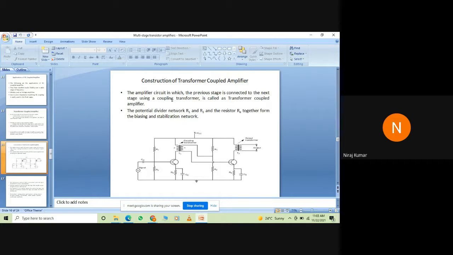So the amplifier circuit in which the previous stage is connected to the next stage using a coupling transformer is called the transformer coupled amplifier. The potential divider network R1, R2, and RE together form the biasing and stabilization network, just like the same common emitter amplifier.